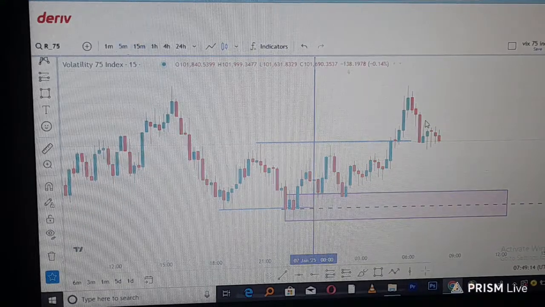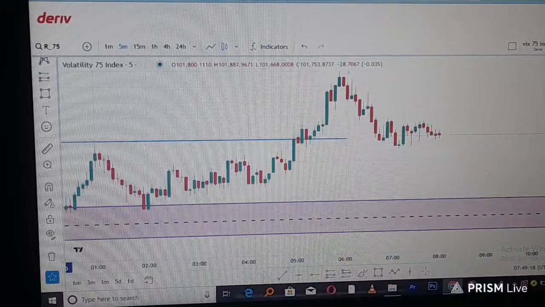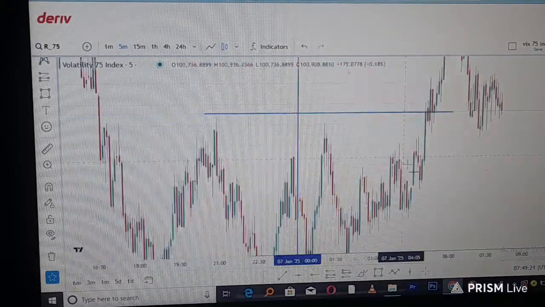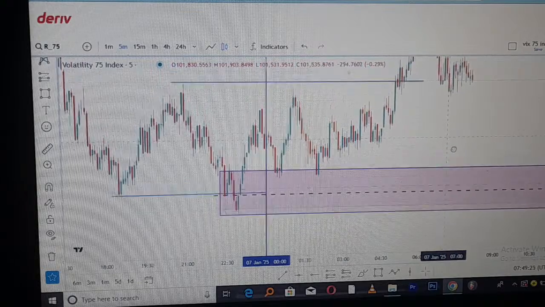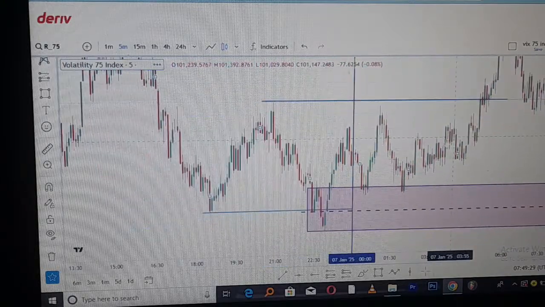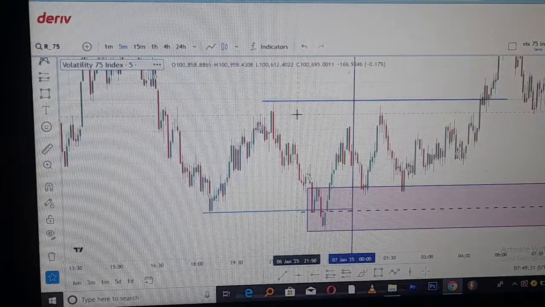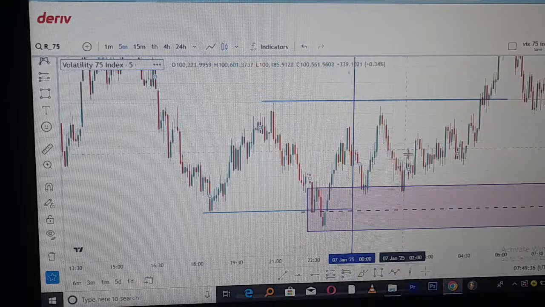So, and we see exactly, as well, you can see at around this area. What we have to wait to happen is the same thing that happened around this area. I want you to see this simple pullback here.